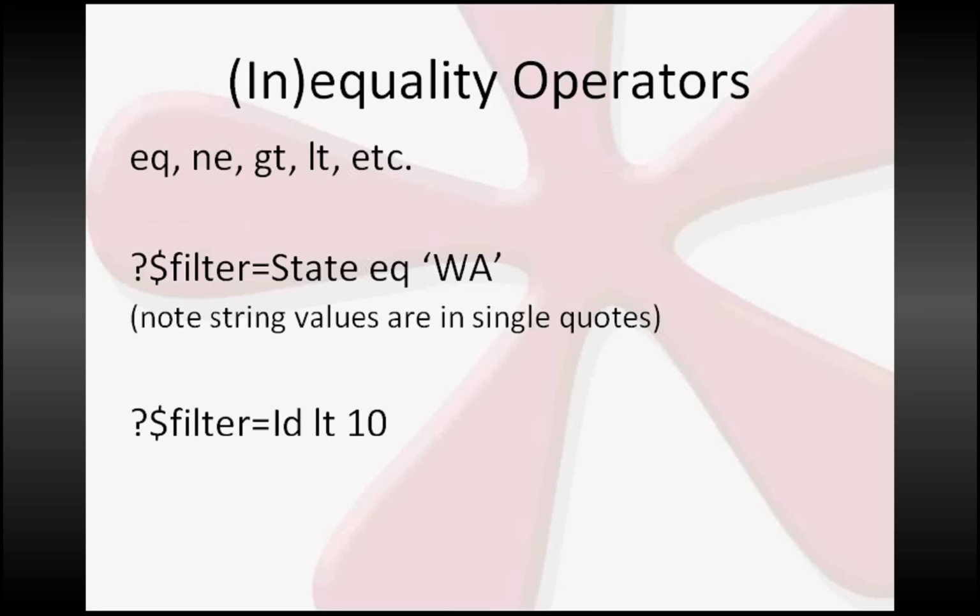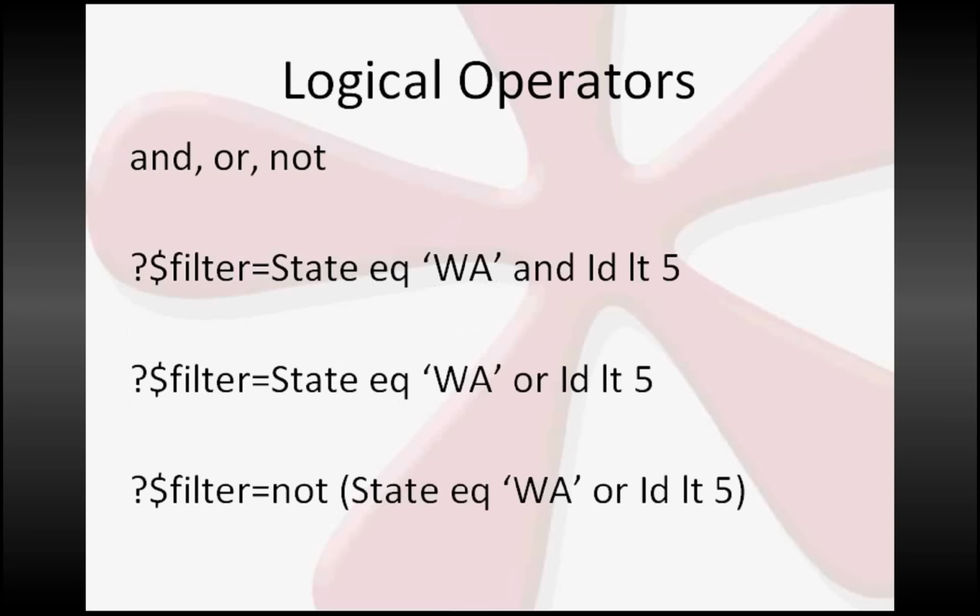Well, that's very nice, but what if you wanted to filter on more than one criteria? Well, in that case, you can join them together. So we've got and, or, and not for setting up logical conditions. So if I wanted to get records where the state was Washington and the ID was less than 5, I could use this first filter here.